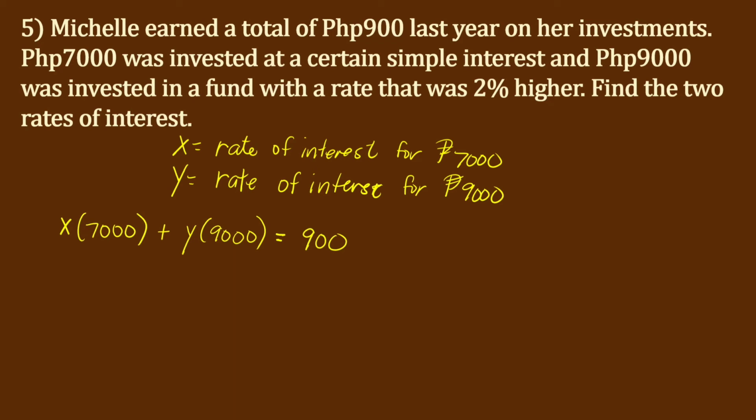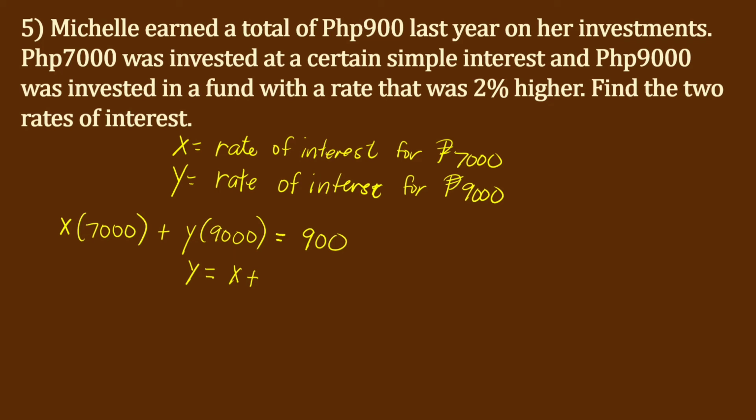Now, there is another equation that we can write here because it tells us that the second rate is 2% higher. Okay? So, y, this y, the second interest, 2% higher means x plus what? 0.2, 0.02 or plus 2?